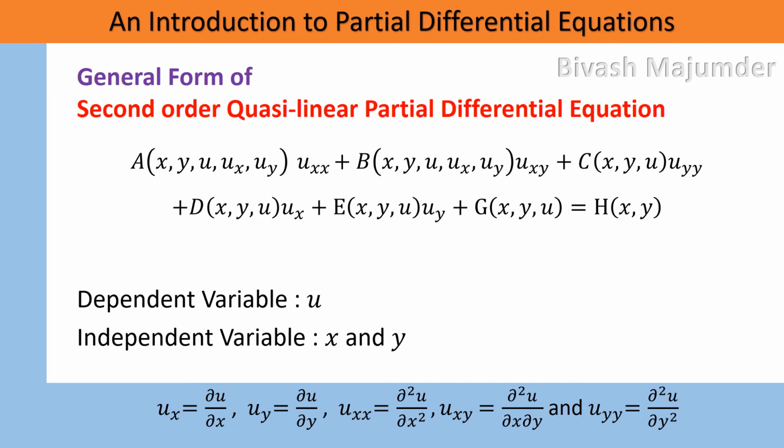The coefficients of uxx, uxy and uyy, that is a, b and c, are functions of the independent variables x and y and the dependent variable u and ux, uy, and the coefficients of ux and uy, that is d and e, are functions of x, y and u, and g is a function of x, y and u, and h is a function of x and y only.